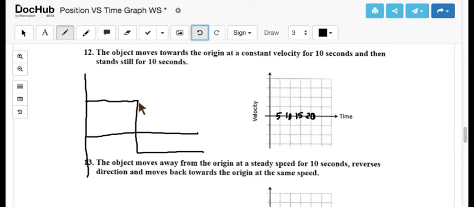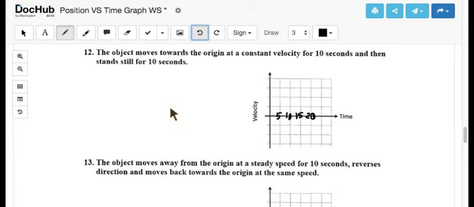So if I was staying at a constant speed towards it and a constant speed away, this would be away, drops to the negative, and then towards. So think about that in this one as well.